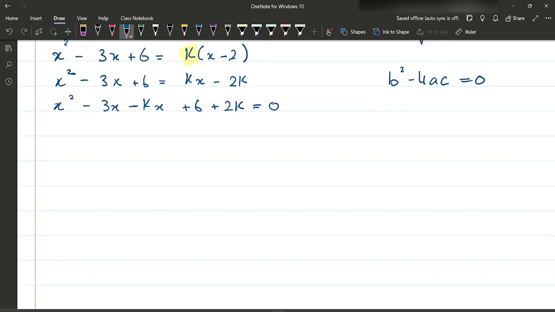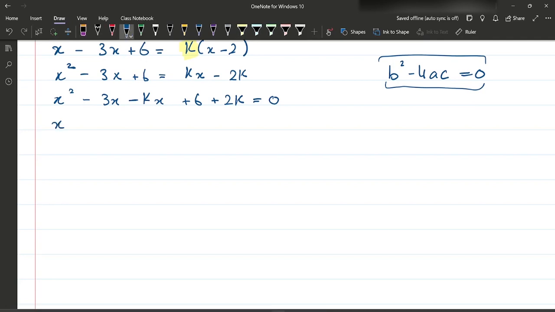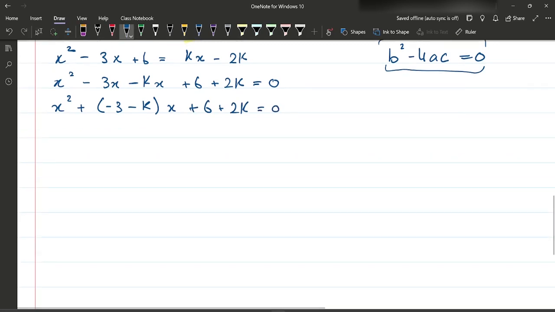If it was two roots or no roots, we would still put 0 here. You only put the 0 when we're dealing with this part. Okay, so next thing I like to do is say x squared plus (minus 3 minus k)x plus 6 plus 2k. Now, what has this done? What this has done is given me this form.